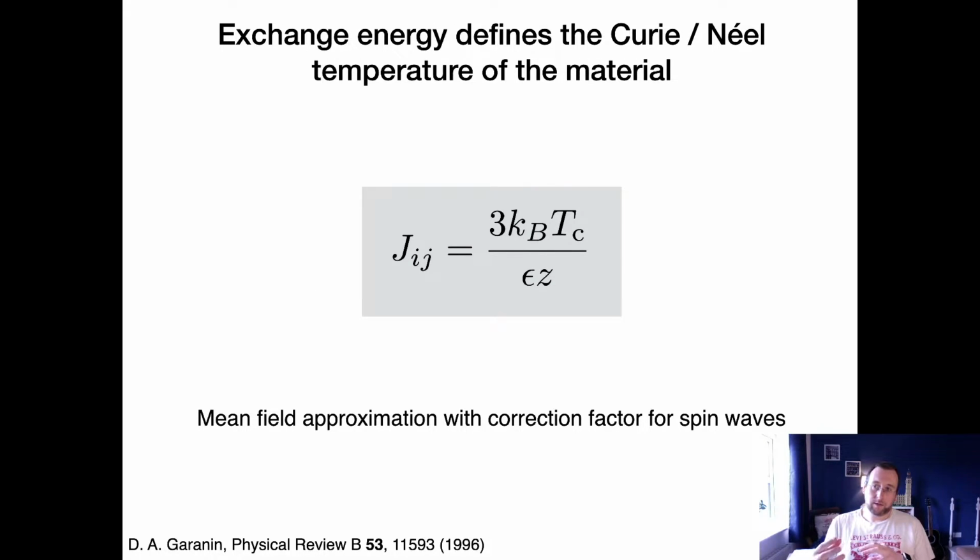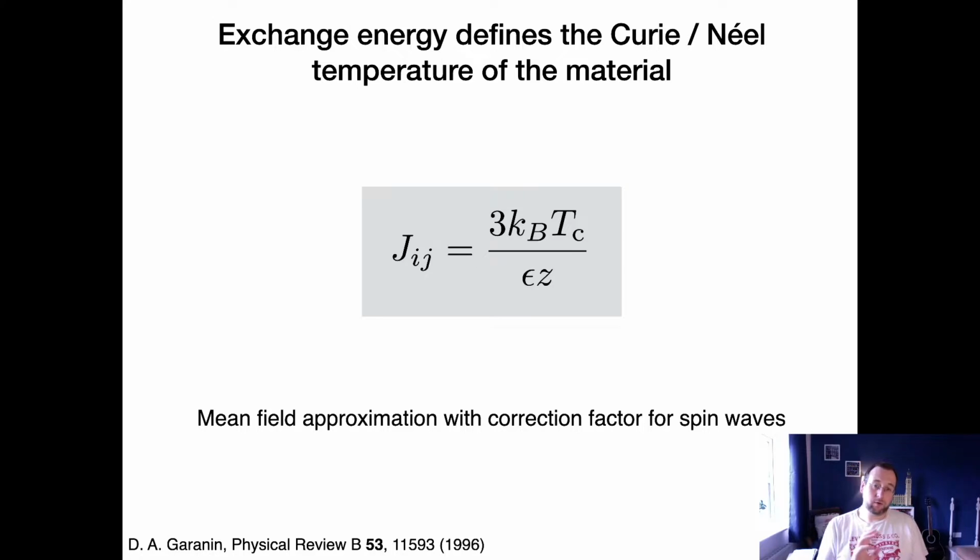The fundamental quantity that gives you access to how big the exchange constant is, therefore, is the Curie temperature, or the temperature at which the magnetic order disappears. This is characterized by a mean field expression given here, which relates the fundamental exchange energy to the thermal energy, so kB times the Curie temperature, divided by epsilon, which is a correction factor for spin waves, and also z, which is the number of nearest neighbours.